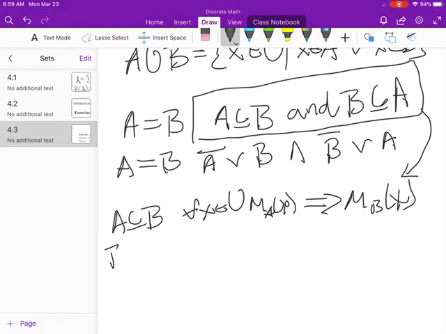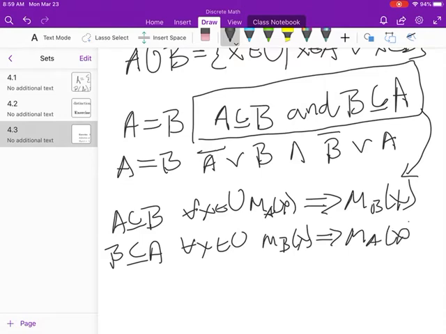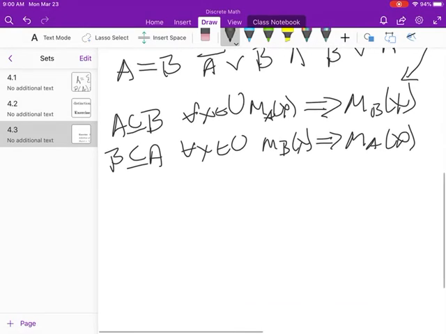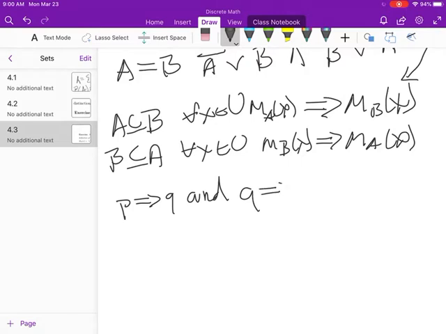So that would mean that for B to be a subset of A, we would have something very similar for all x in U. And if you remember from logic, we had this idea of if P then Q, and if Q then P, right?